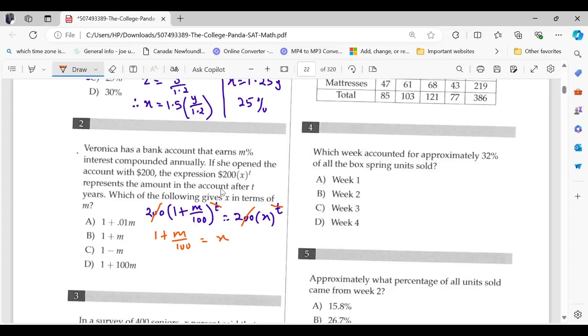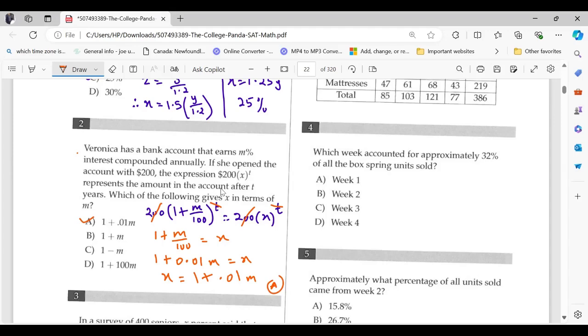So if you look at this now, this is going to be 1 plus 0.01M equals S. So S is the same as saying 1 plus 0.01M, which is option A. It's option A.